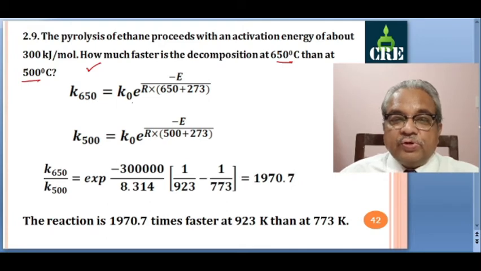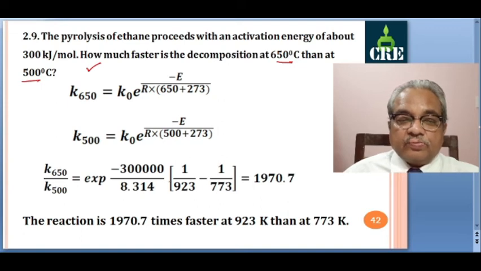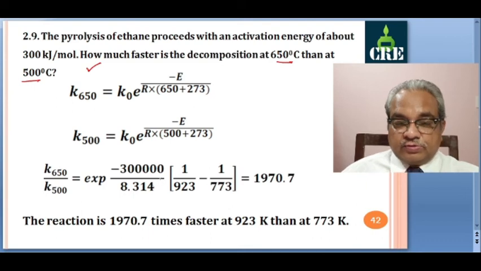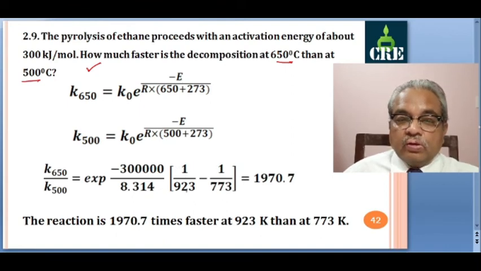So K at 650 is K0 into e raised to minus E by R into 650 plus 273, and for 500, minus E by R into 500 plus 273. If you take the ratio K at 650 divided by K at 500, it will be exponential. E is 300 kilojoules, so 300 into 1000 joules divided by 8.314, the R value in proper units, joules per mole per Kelvin, into 923 minus 773.